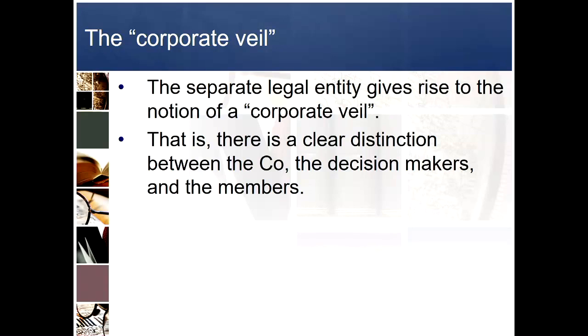It means you can recover whatever you can from the company, but you are not able to recover from the shareholders. Even if the company doesn't have enough money to pay out all of its debts, creditors cannot recover from shareholders. Why? Because of this idea of a corporate veil. Separate legal entity: there's a corporate veil between the company and the shareholders.